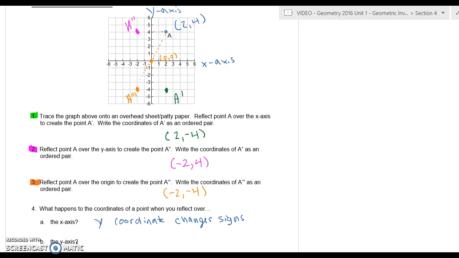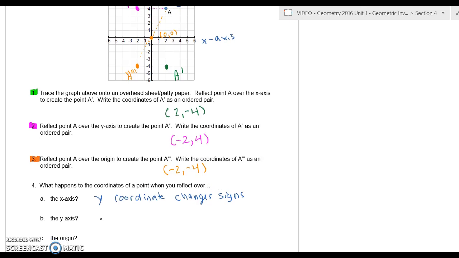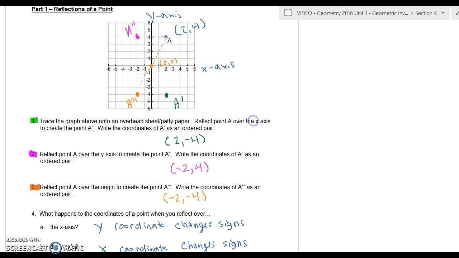Part B says, when we reflect over the y-axis, what happens? Well, we had negative 2 comma 4, and our original point was positive 2 comma 4, so it looks like our x-coordinate changed signs. And then part C, we want the origin. For the origin, our original point, 2, 4, turns into negative 2, negative 4.